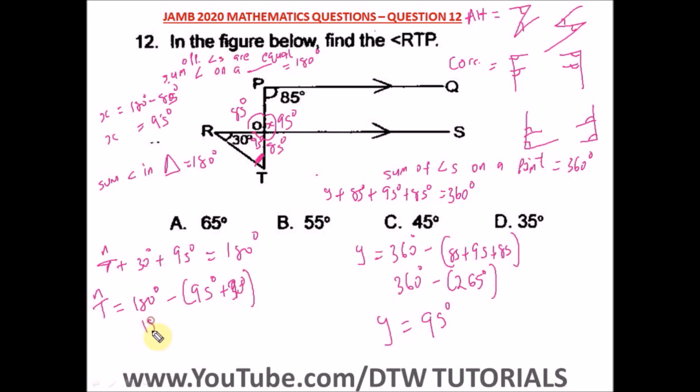So we have 180 degrees minus 125 degrees. Therefore the angle at T is equal to 55 degrees. So this is our answer.